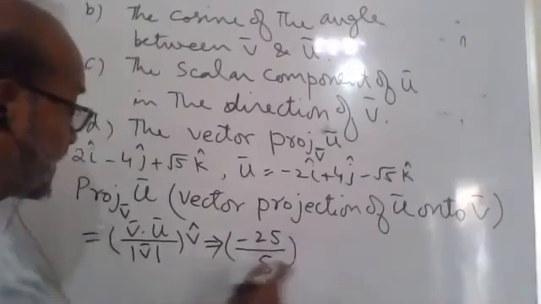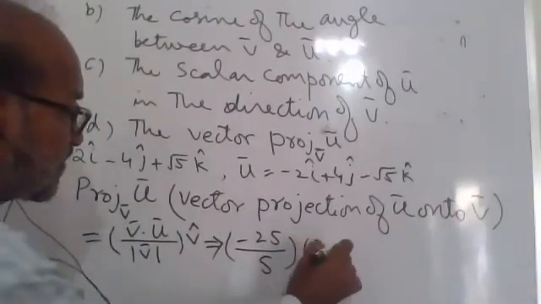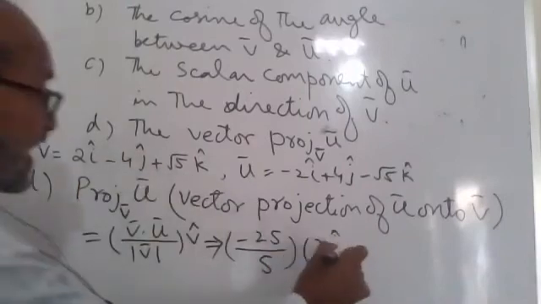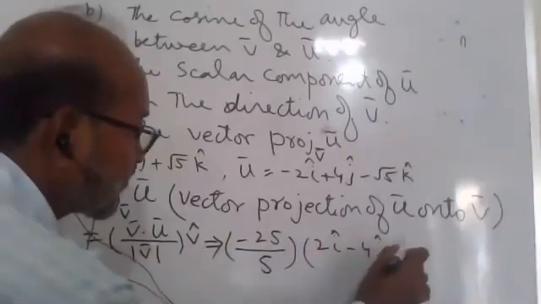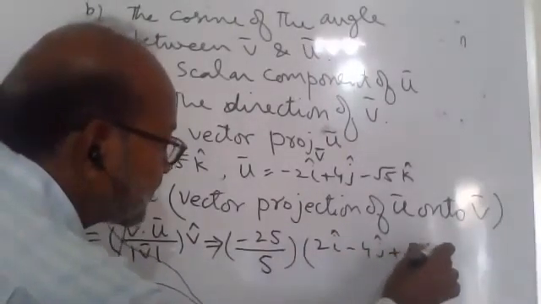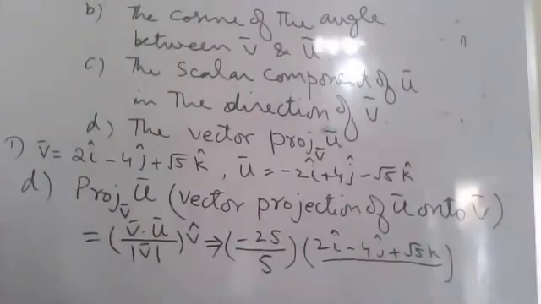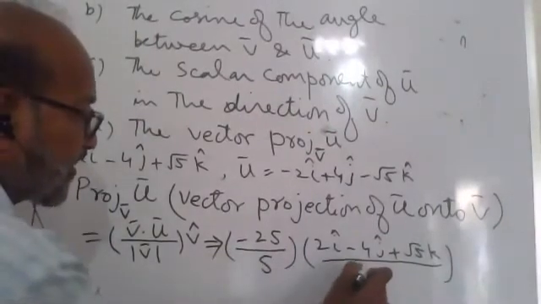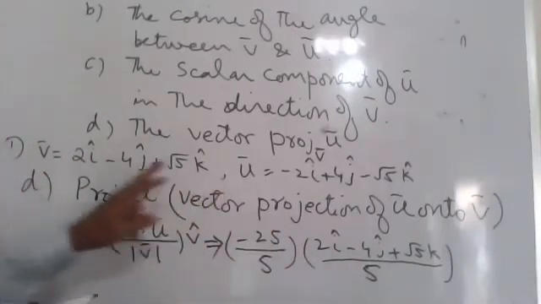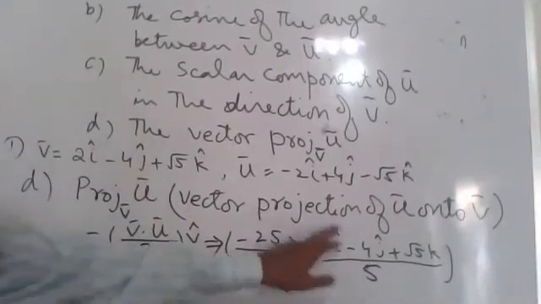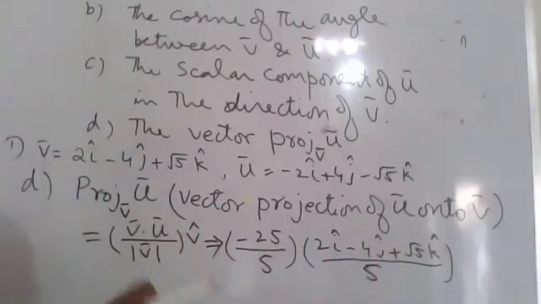It is the vector V, 2i minus 4j plus root 5k, divided by the magnitude of the vector V. If any vector is divided by its magnitude, we will get the unit vector. Last time I told you how to find the unit vector.